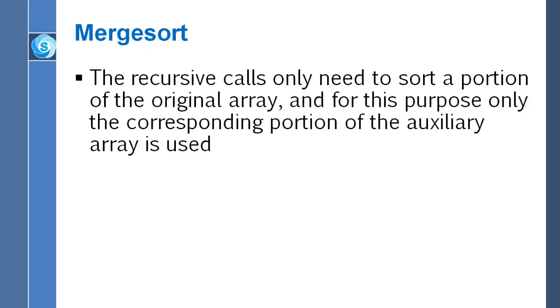So just some minor points here. The subproblems involve sorting subarrays of the original array. So if you're sorting a certain subarray of the original array, then it requires using the corresponding subarray in the auxiliary array.